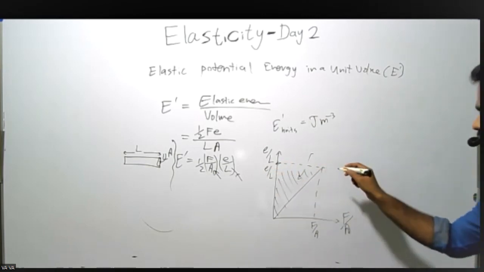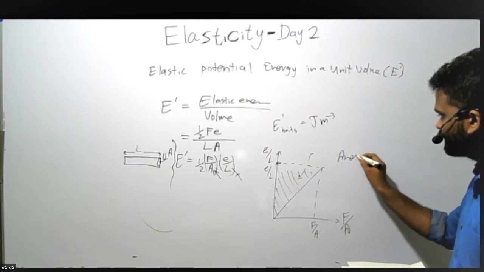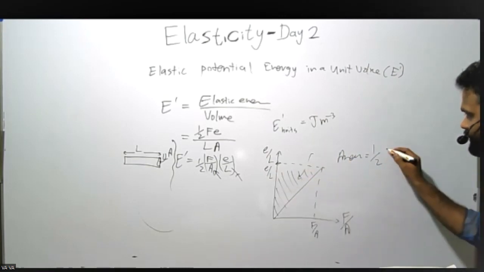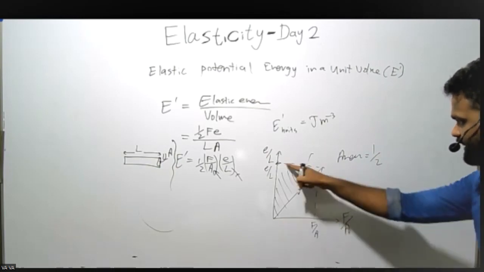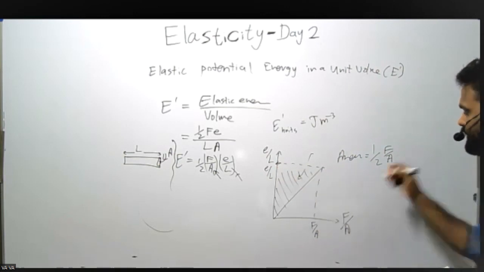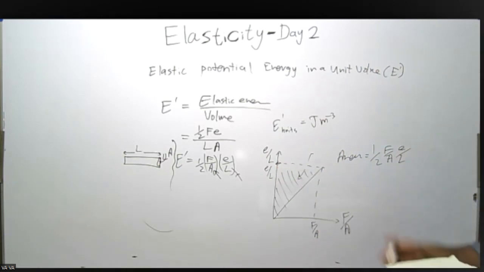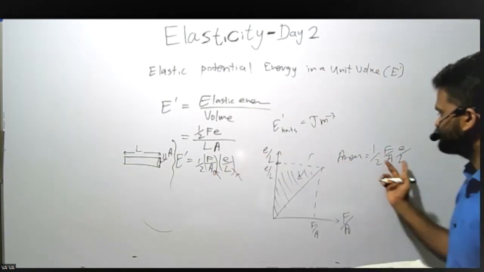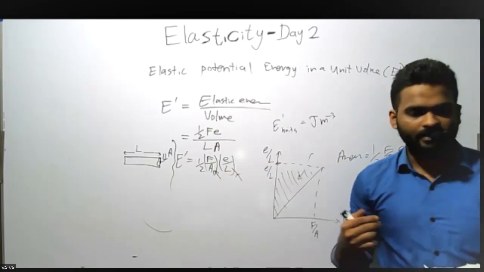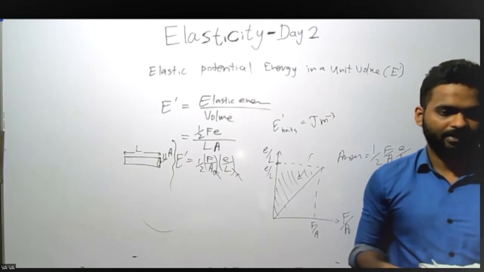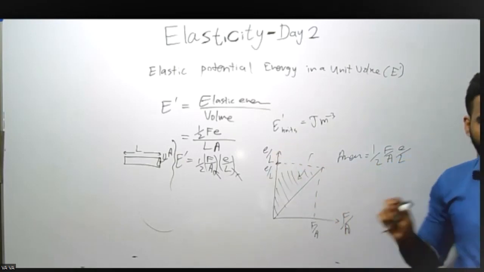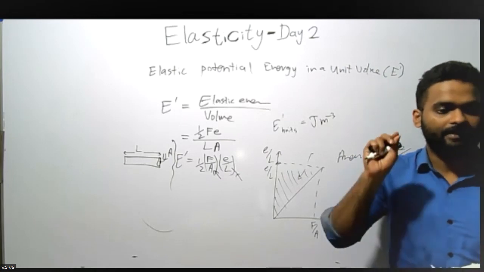So let's find the area of this graph. Since it is a triangle, half, this length F over A, this length E over L. See that? So these two equations are the same, right? So what can we understand from this? In a force extension graph, we get the potential energy.